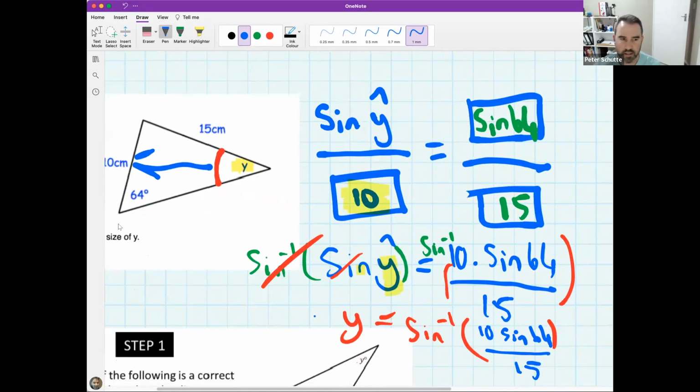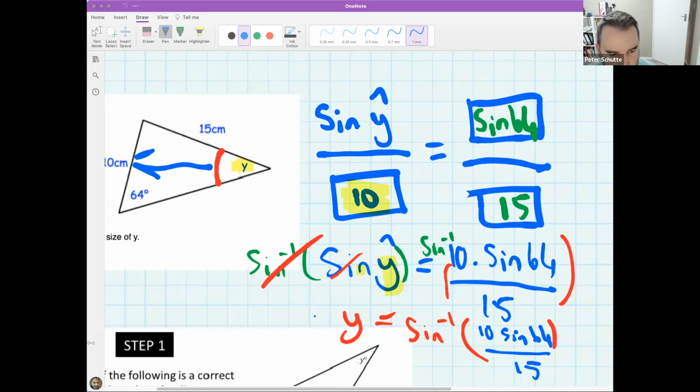So let me put this in my calculator. I go shift sine. So notice how I'm saying to the calculator, I want an angle. And then I've got a fraction. I've got 10 times the sine of 64 over 15. And then I want to close my brackets.